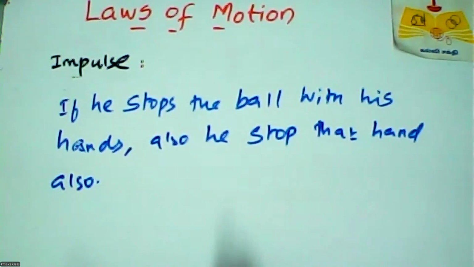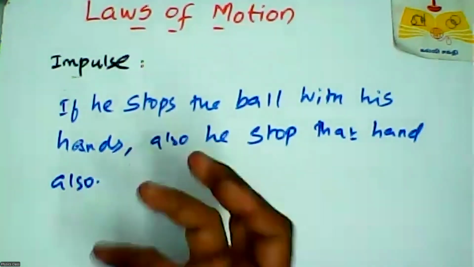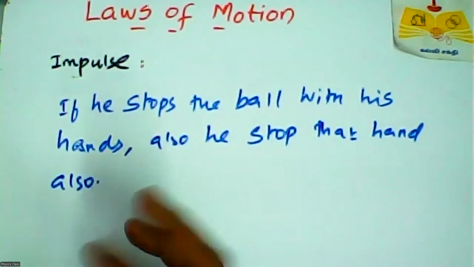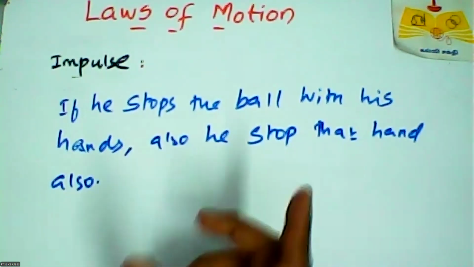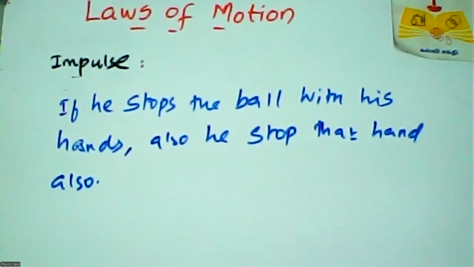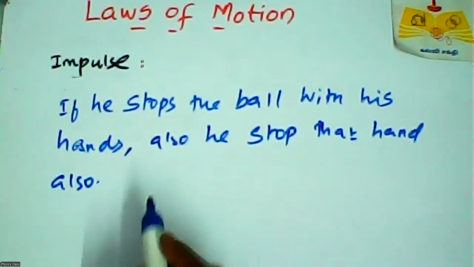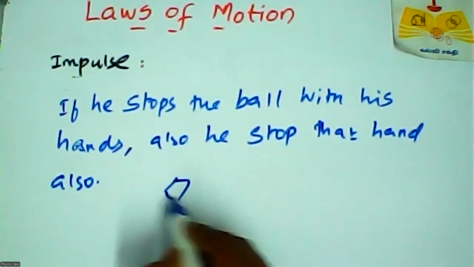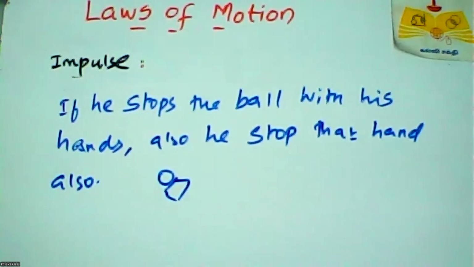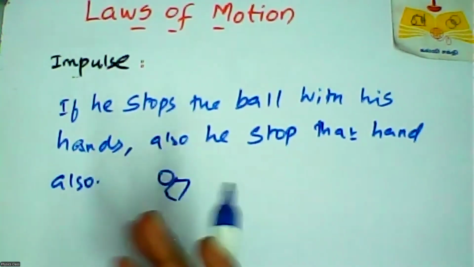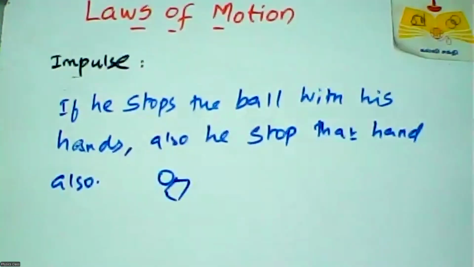It means that the momentum of the ball, because that ball has momentum, is brought to rest very quickly. So the average force acting on that body will be very large. So in his hands, that object's momentum delivers a larger force in a short duration of time.